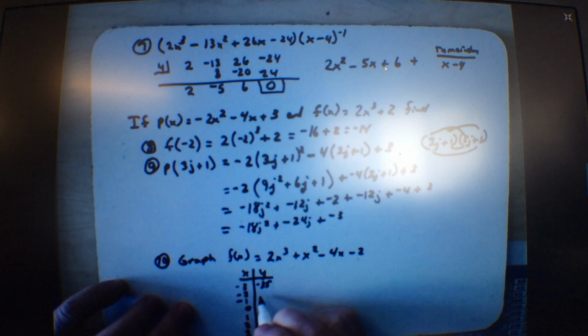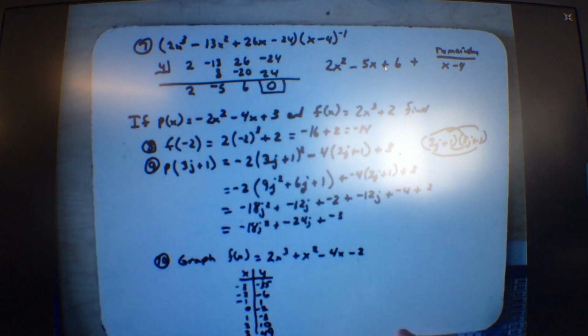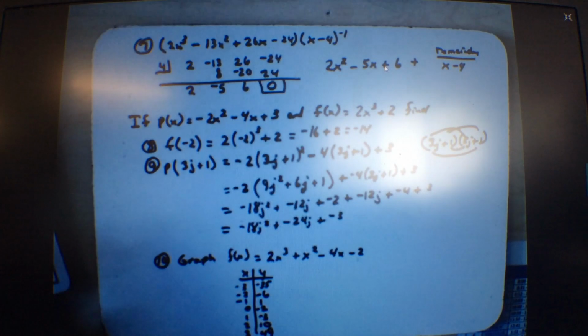What's a negative 2? Negative 6. Negative 1, 1. 0 is negative 2. 1, negative 3. 2, 10. And 3, 49. And how did he know that? On his graphing calculator. Yeah, your graphing calculator will tell you that. So you've got to list that table. That's part of your points. How many points we got? 3 points for that. Okay?